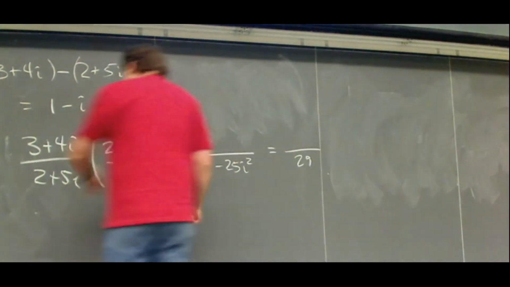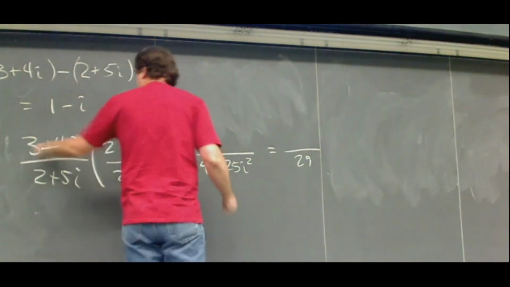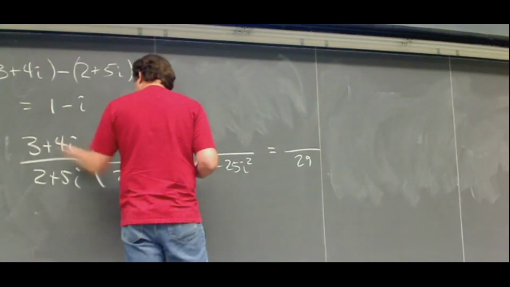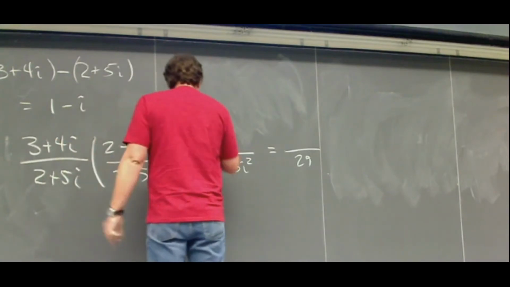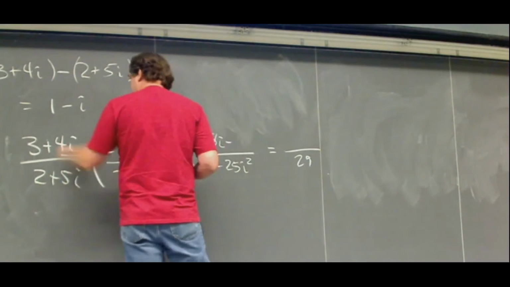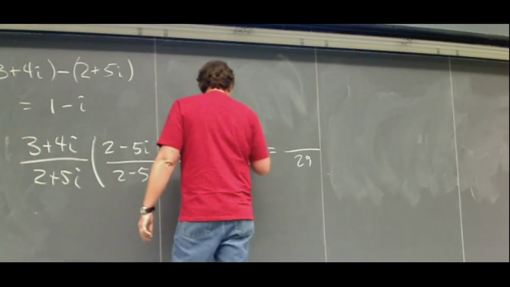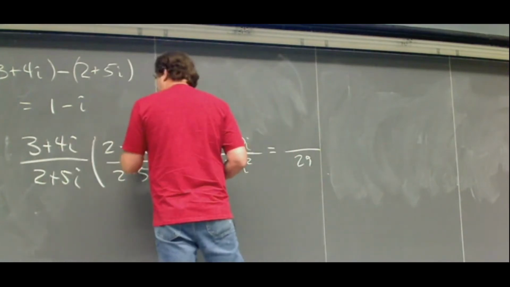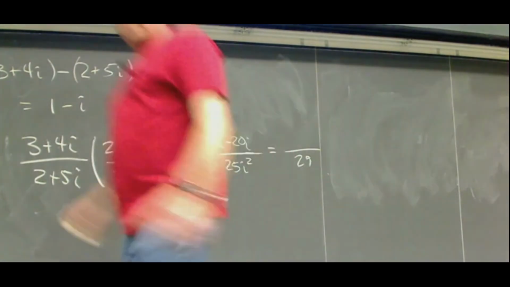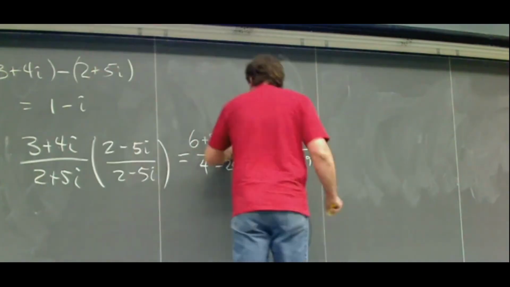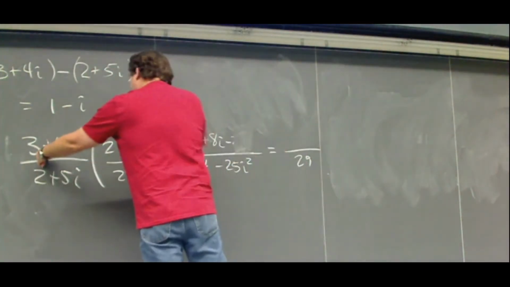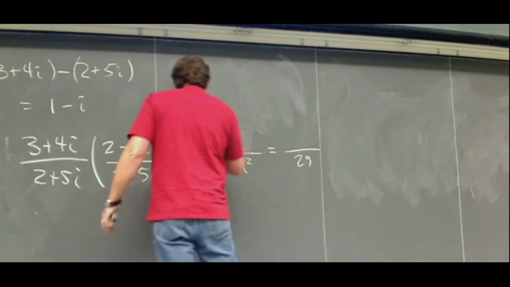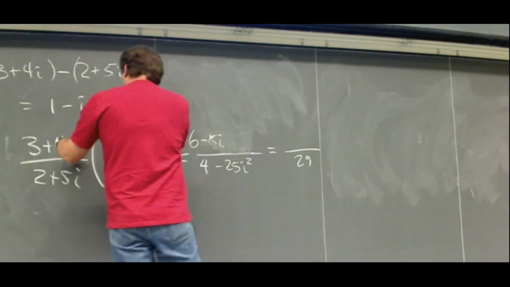and on the top I get 6 minus 15i plus 8i minus 20i squared. So here I get 6, here I get minus 15i. Here I get 8i.